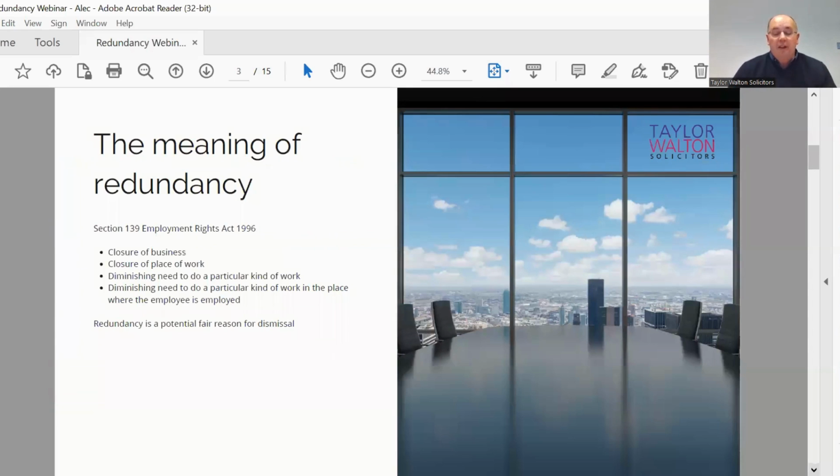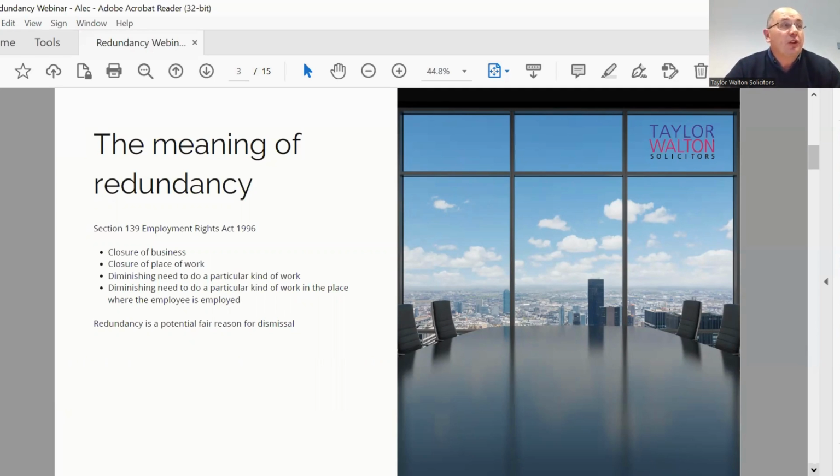First of all, the meaning of redundancy. As I say, it has a statutory meaning, and there are really four types of redundancy situation. Firstly, perhaps the most obvious one, is the closure of business. So where the business actually closes down, whether it's through insolvency, going into administration, or just simply closes, in those circumstances a redundancy situation is likely to arise.